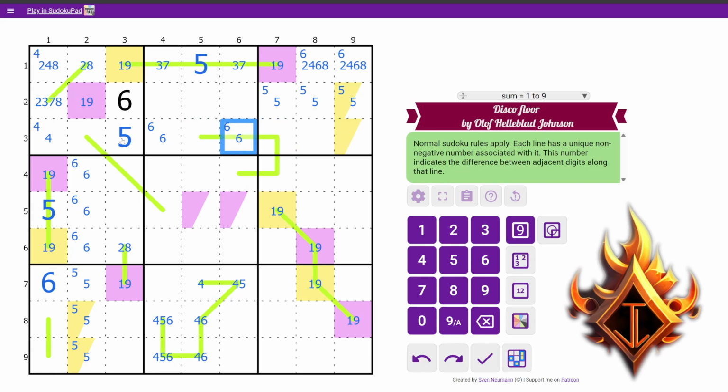So this has a difference of 3. And whichever way it goes, if I do anything with this, maybe not quite.